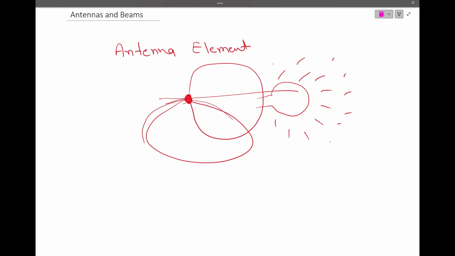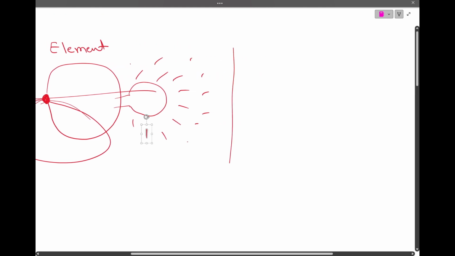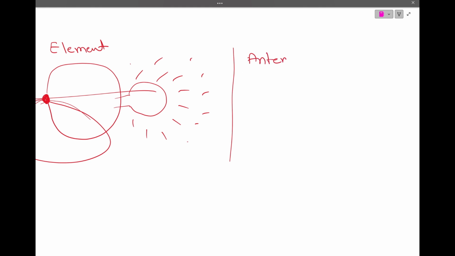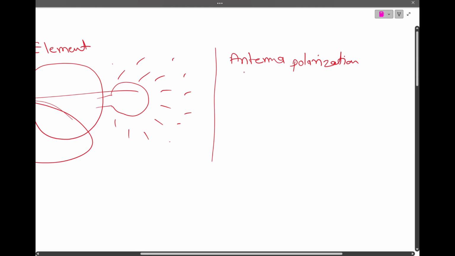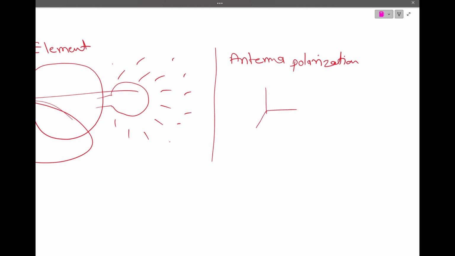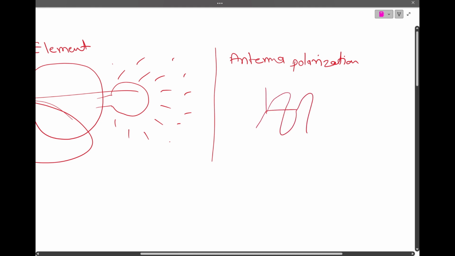Now you should also know about antenna polarization. As we know, the electromagnetic wave has electric and magnetic fields orthogonal to each other.